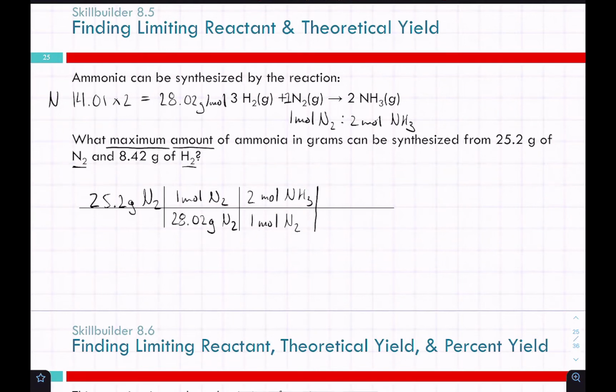And now we go to grams. So yeah, now we've got N, H, because we're doing ammonia, NH3. So 1 nitrogen, 3 hydrogens.